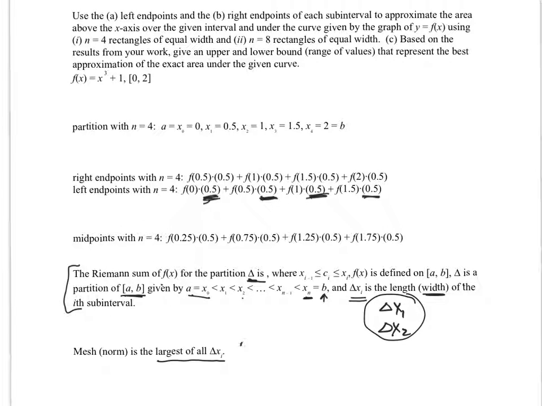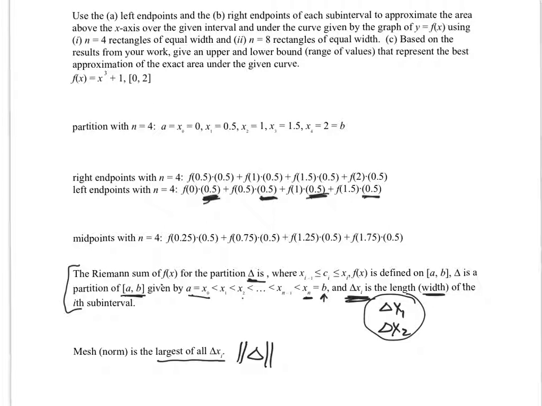Notation-wise, that is kind of a double absolute value around the Greek letter delta. This is what we call the mesh of the partition, or the norm of the partition, the largest one of the delta x sub i's. In our case, that will be the delta x, the width that we choose, because we do choose equal widths.